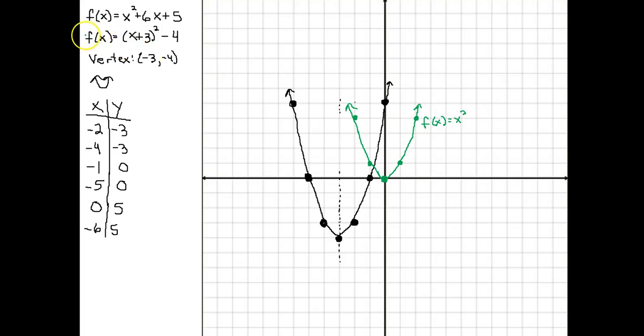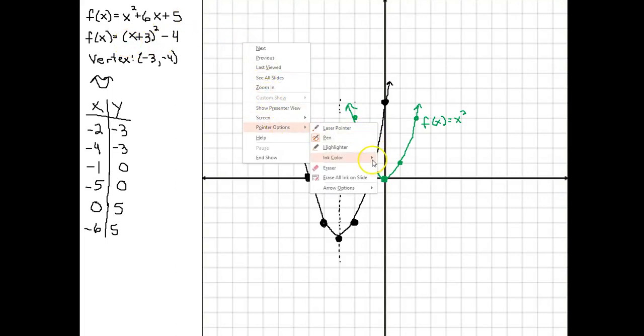Okay, you have f of x equals (x plus 3) squared minus 4. The (x plus 3) squared part tells you that you're shifting to the left or right, and because the plus 3 is in the parentheses being directly added to the x, that tells us you're shifting left 3.